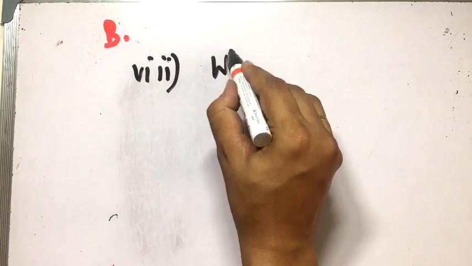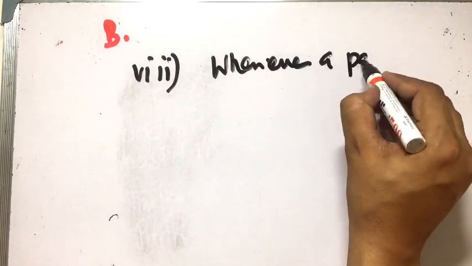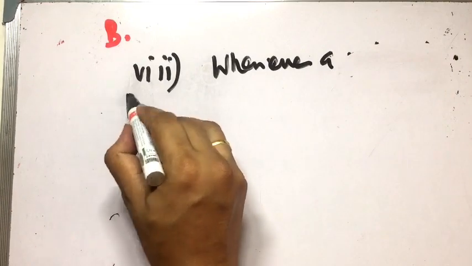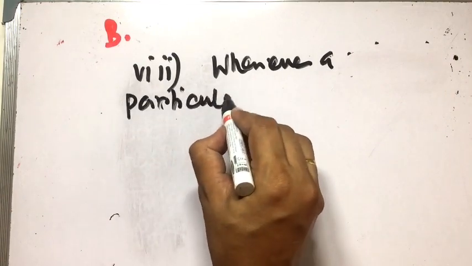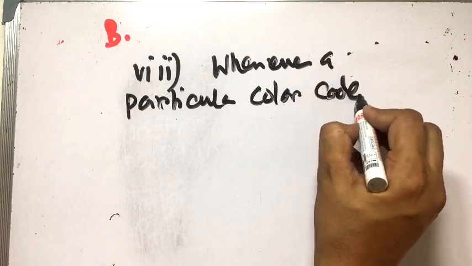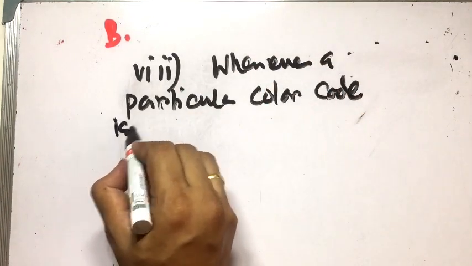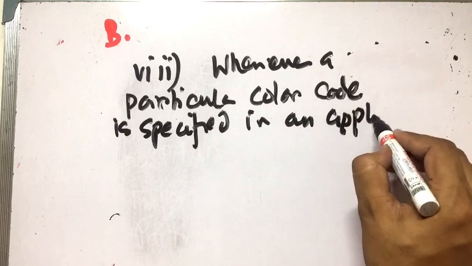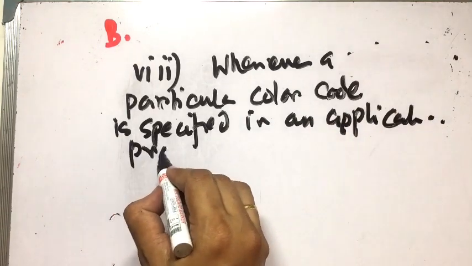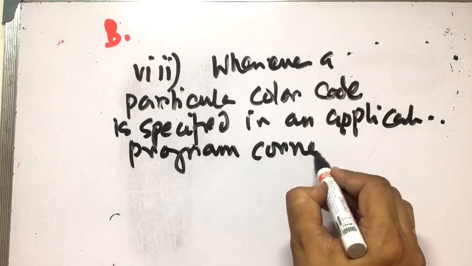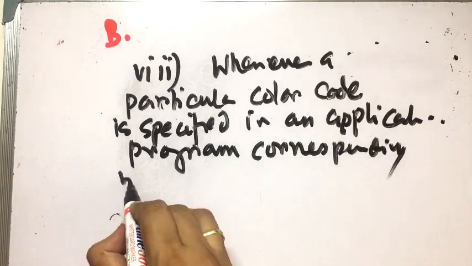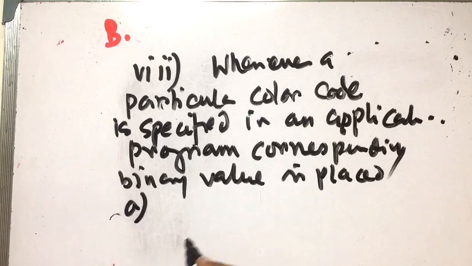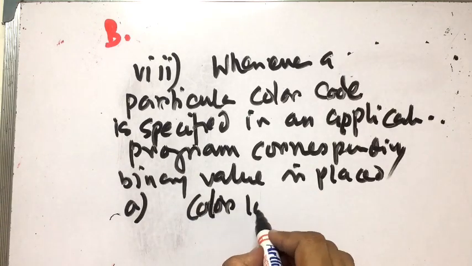Question number 8. Whenever a particular color code is specified in an application program, the corresponding binary value is placed in: Option A, color lookup table.